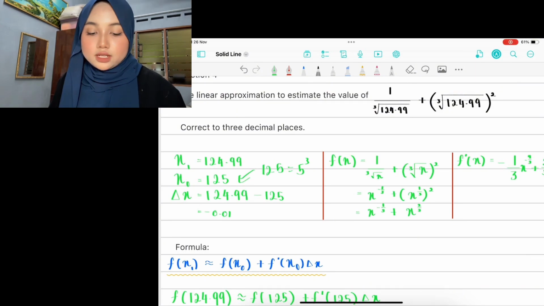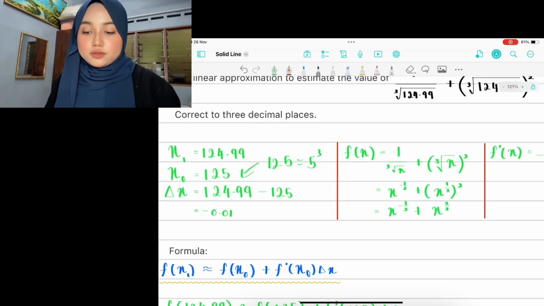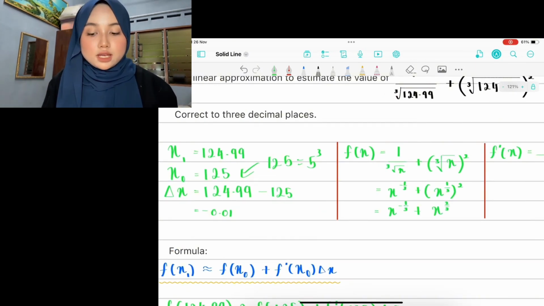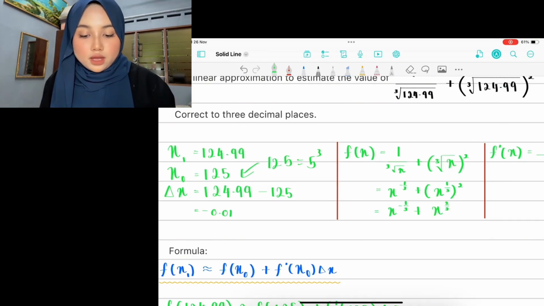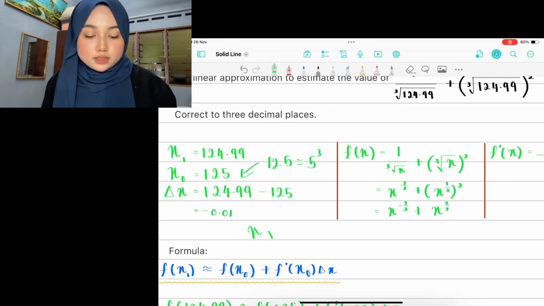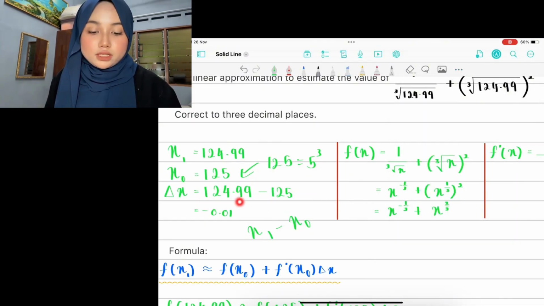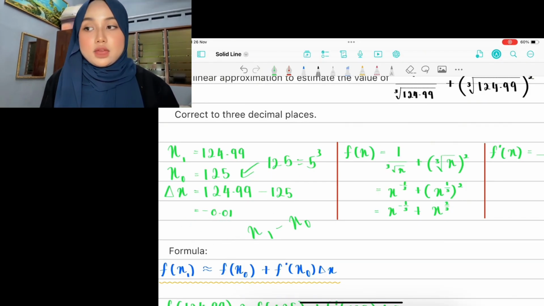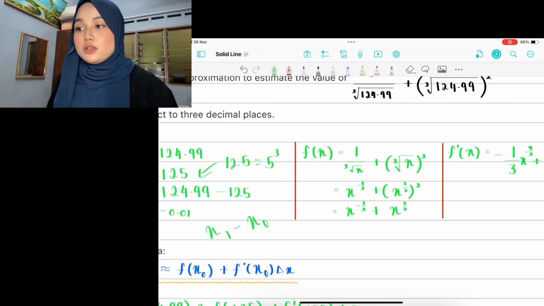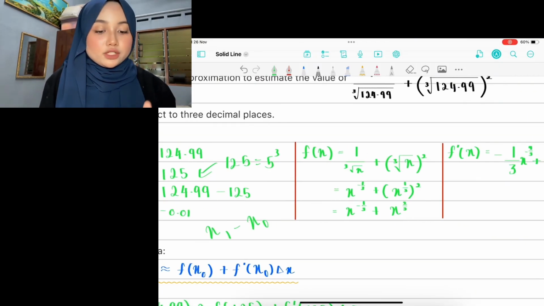Then we will find the change in x, using the formula x1 minus x0. As we can see here, 124.99 minus 125, we get the answer negative 0.01. And now we need to define the function.